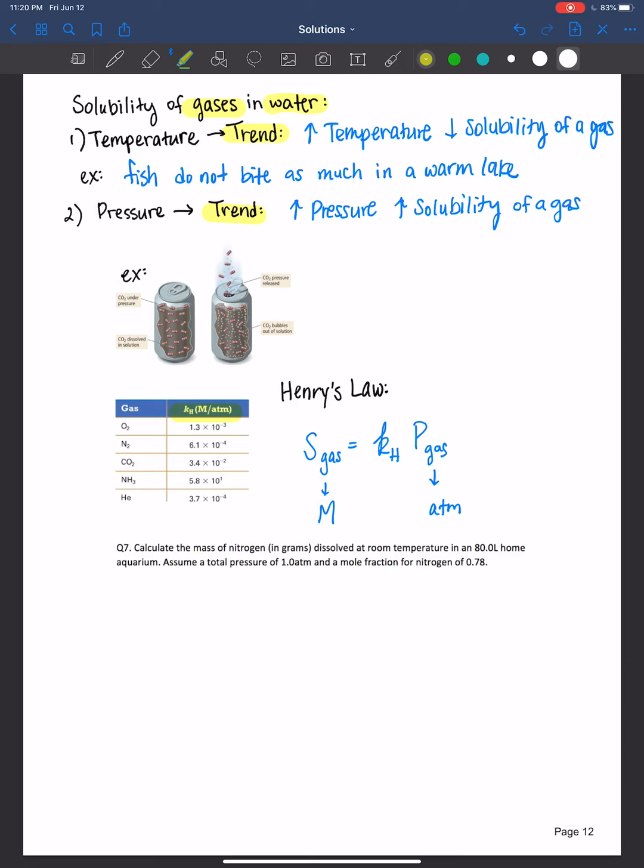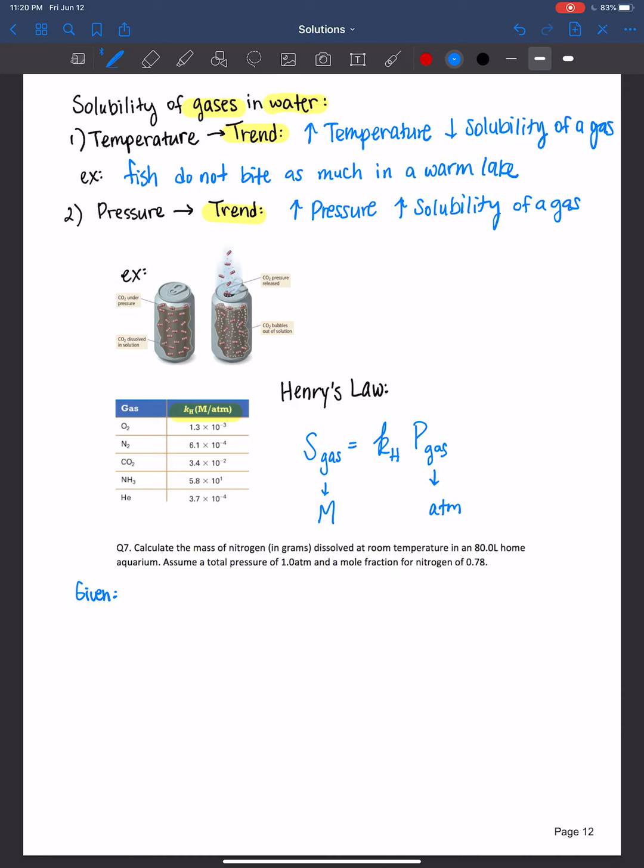Okay, so let's work an example problem together. We're going to calculate the mass of nitrogen in grams dissolved at room temperature in an 80-liter home aquarium, assuming that the total pressure is 1 atmosphere and the mole fraction for nitrogen gas is 0.78. So let's write down what we're given.